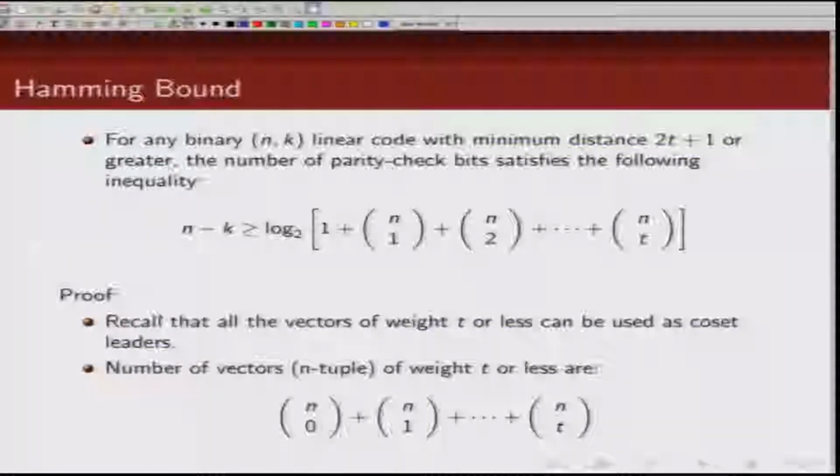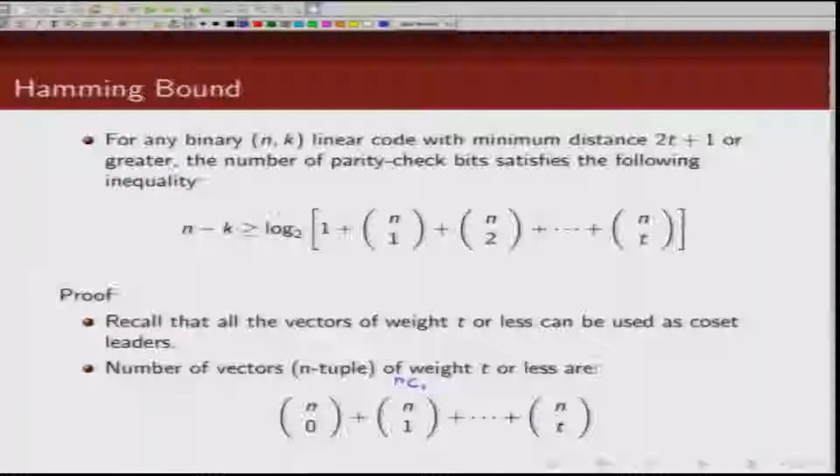Now, let us count how many such error patterns there are. Let us look at how many error patterns of weight 0 there are, that is given by nC0. How many error patterns of weight 1, that is nC1.